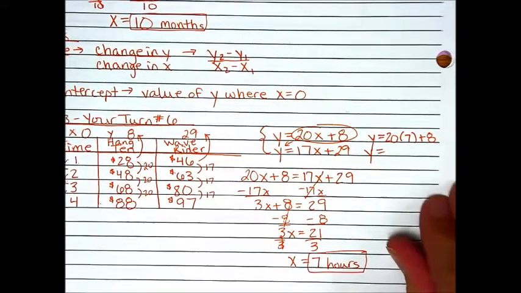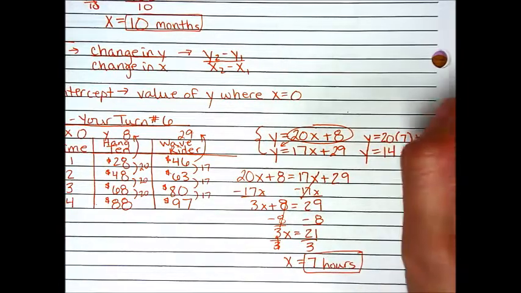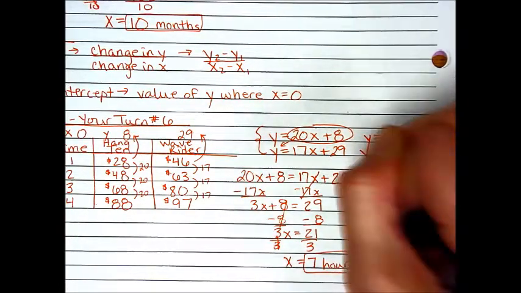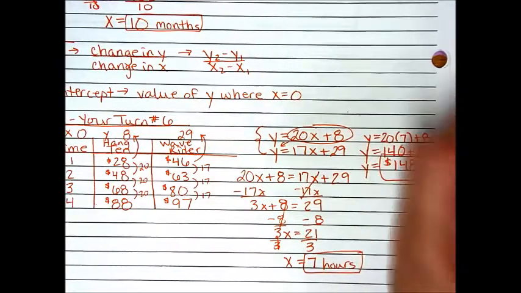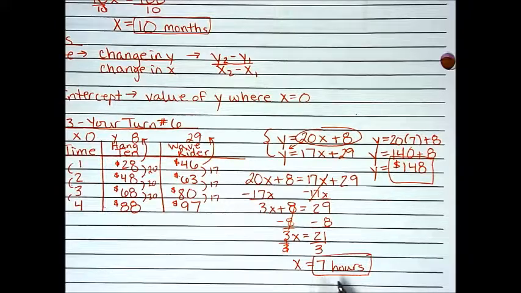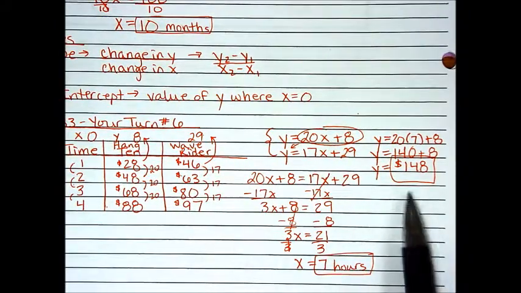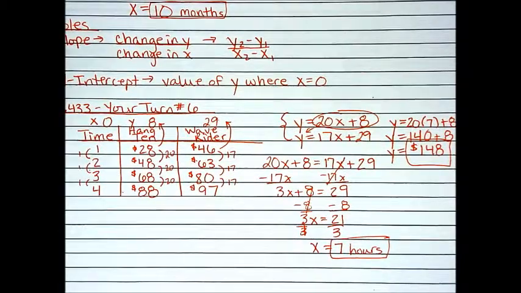So 20 times 7 plus 8 would be 140 plus 8. So y equals $148. So after 7 hours, renting a surfboard would cost $148 regardless of which surf shop I chose.